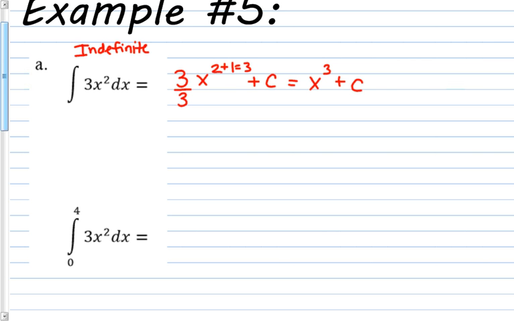Definitely do not know what it is, not for sure, not 100%. Now, down here, this is my definite integral. And hopefully, if you're actually paying attention, just to look at both of them, what's the difference? Okay, so hopefully you're like, oh, this one has limits.